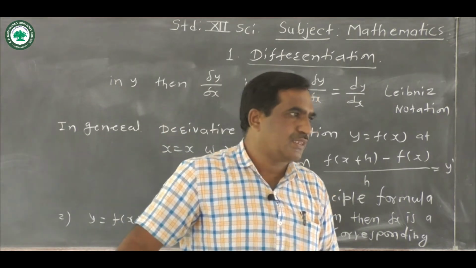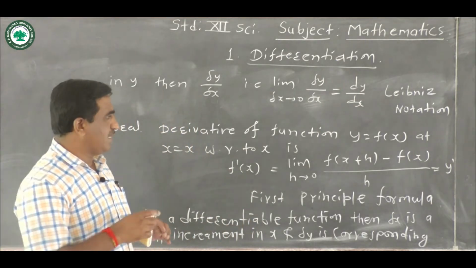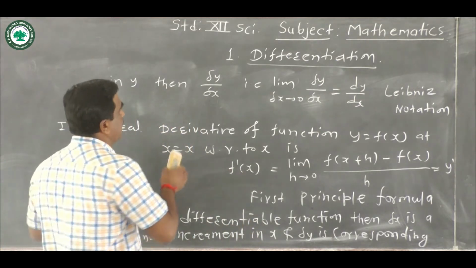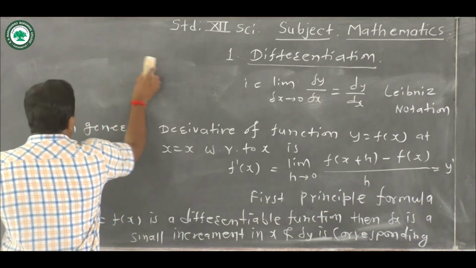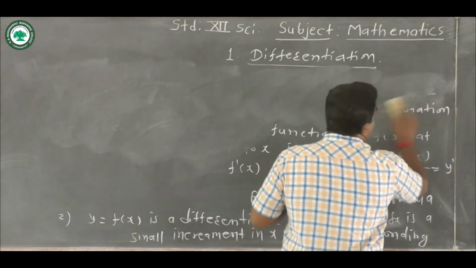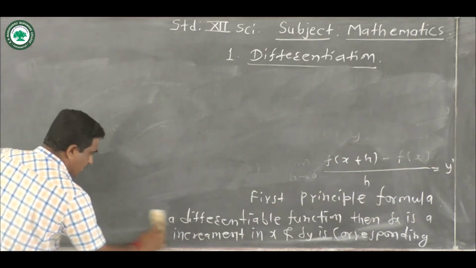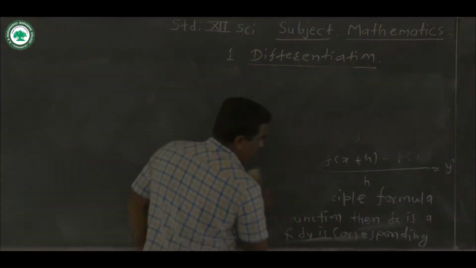We have learned some standard formulae in 11th standard. Now we see standard formulae for the various functions like constant function, power function, logarithmic function, exponential function and trigonometric function.